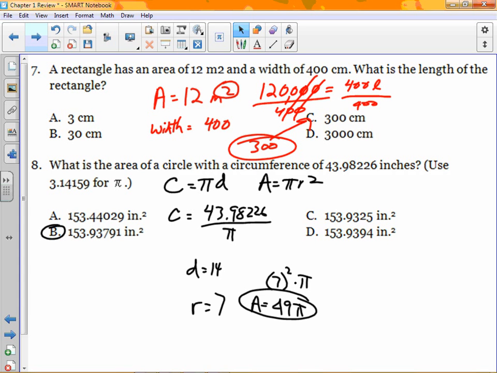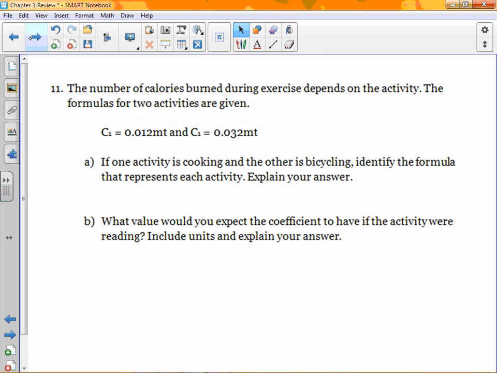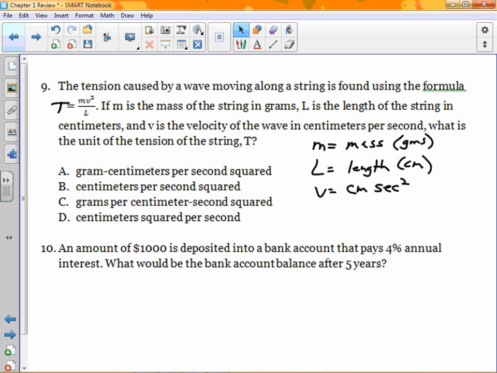So 12 square meters, when I change it to square centimeters, I have to move the decimal 4 places. So I added 4 zeros on. When you write those problems, guys, you got to think about that. You got to get the same unit of measurement.